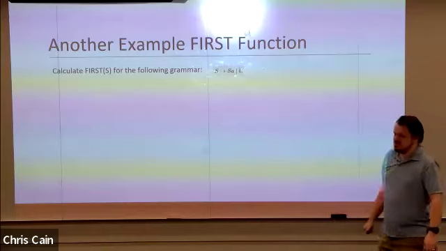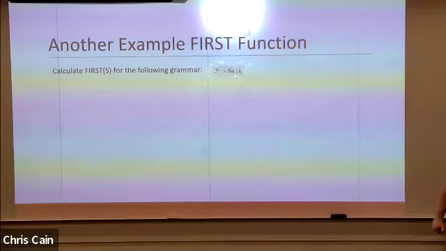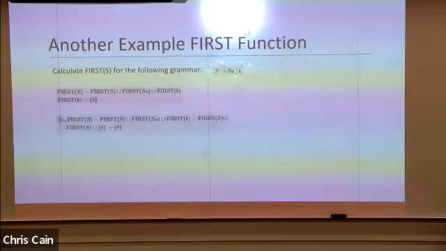How would you get that out of its rules? How would we do that according to what we just talked about? So first of S is first of S union first of SA, union first of B. First of B is just B. Just treat it as like an empty string.